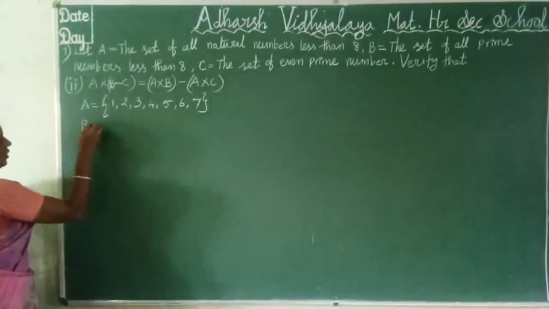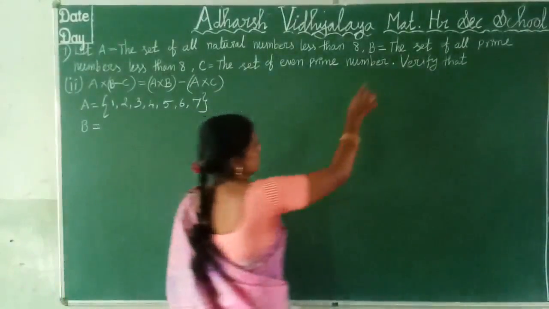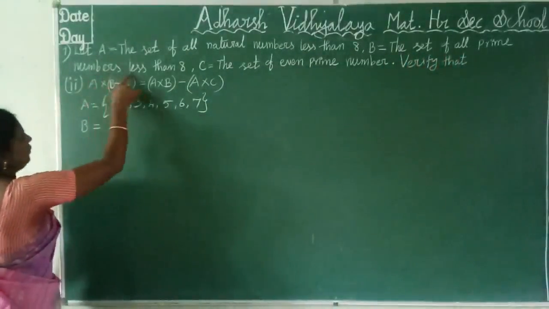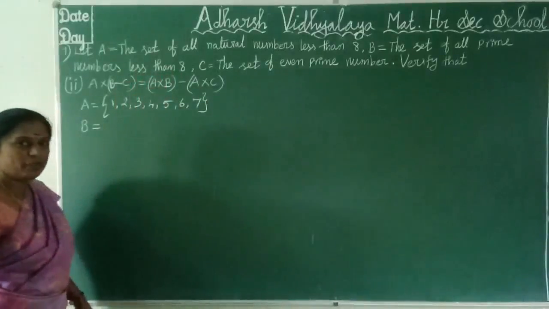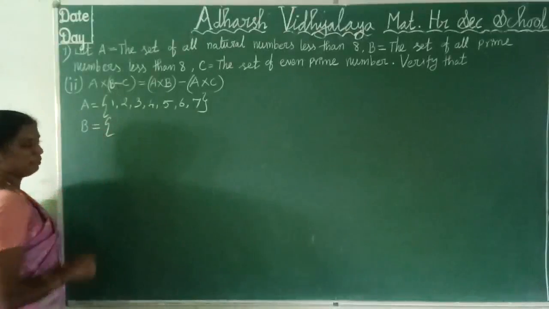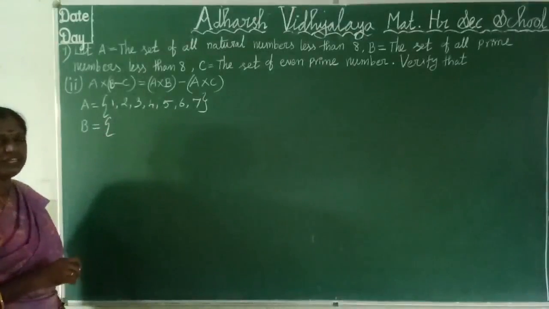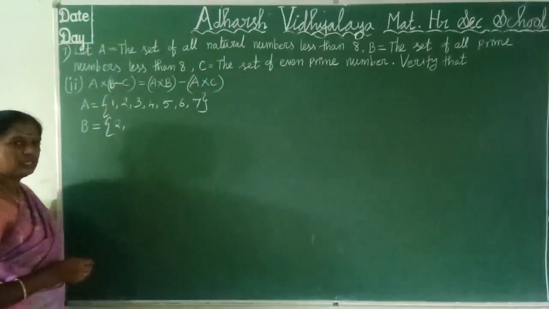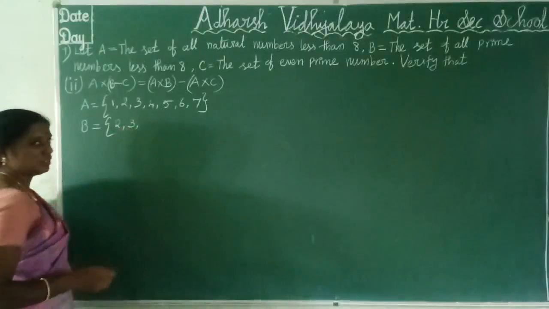Next B, the set of all prime numbers less than 8. So below 8, we only want to consider prime numbers. So what are the prime numbers? Is 1 a prime? No. 1 is neither prime nor composite. So next 2. 3. Yes, 3 is a prime number. Is 4 a prime number?